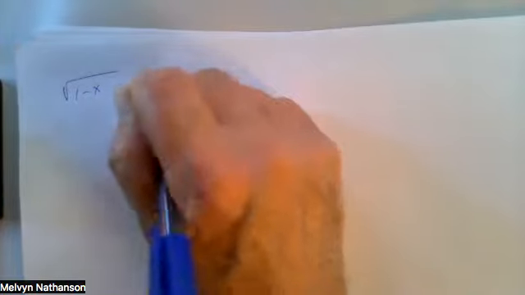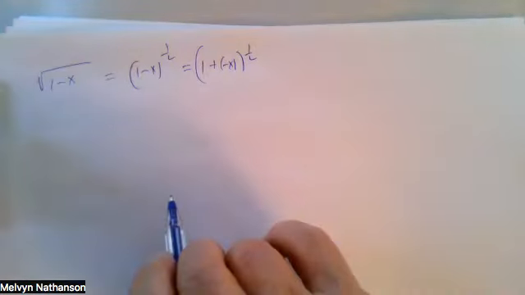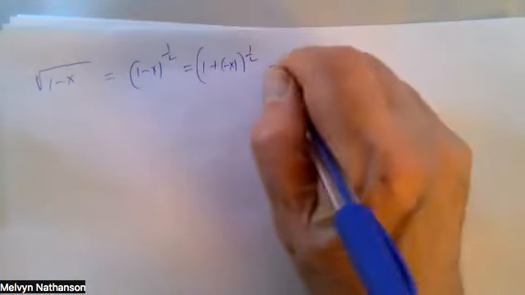And if you were interested in how to expand the square root of 1 minus x, that's 1 minus x to the half, which is 1 plus minus x to the half. So it's the same series with x replaced by minus x.